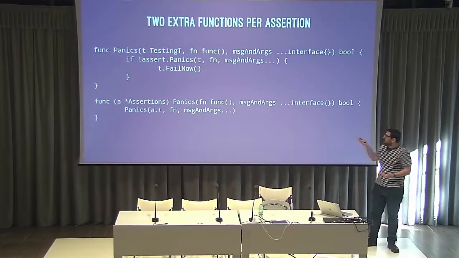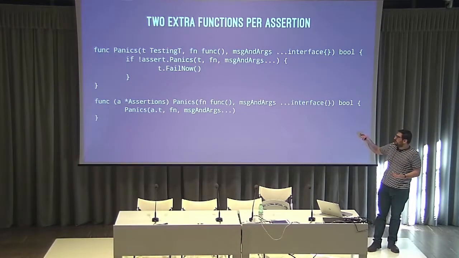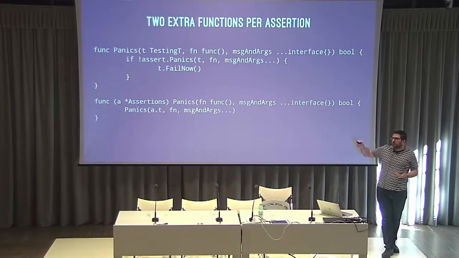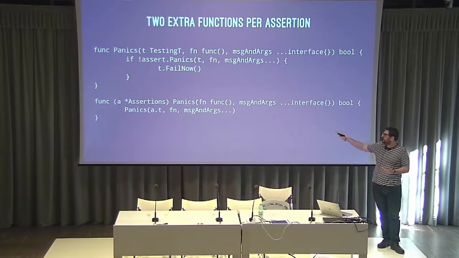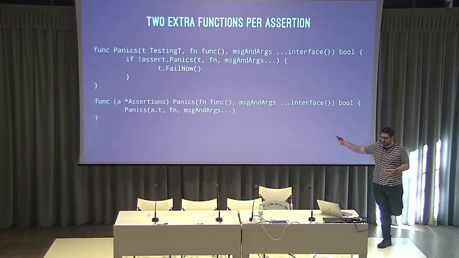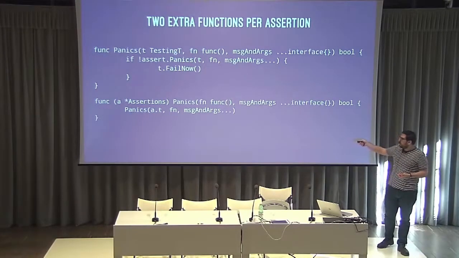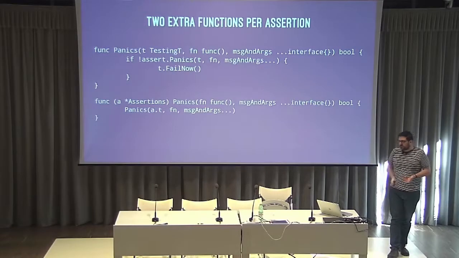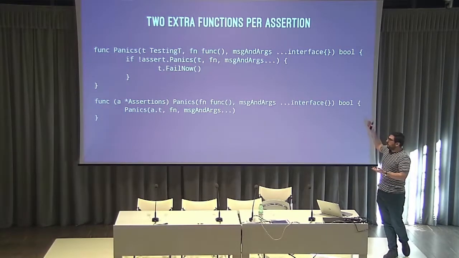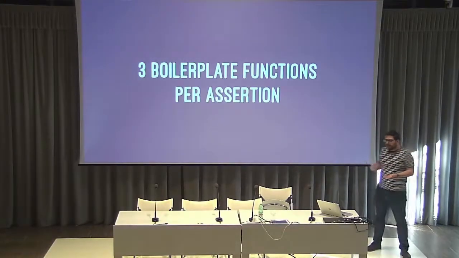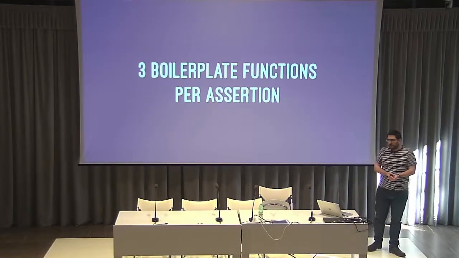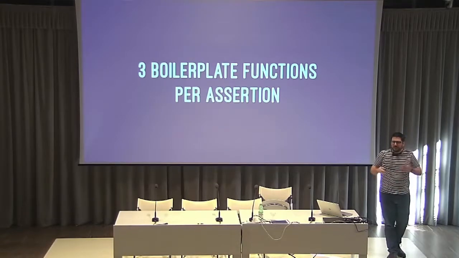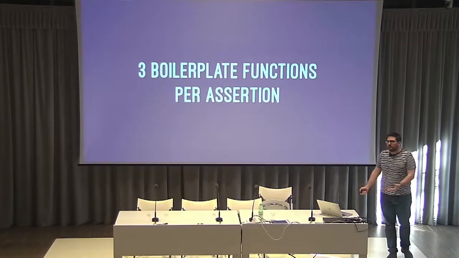But then again, we have require.Panics, which calls assert.Panics, and in the Assertions type, we have the Panics method too, which is calling the other one. So we have three boilerplate functions for each assertion, which turns out to be tens and tens of boilerplate functions that you need to write.